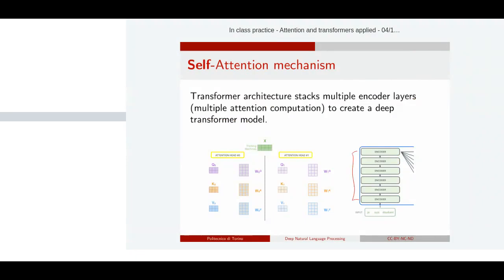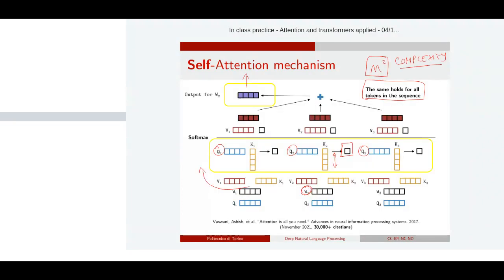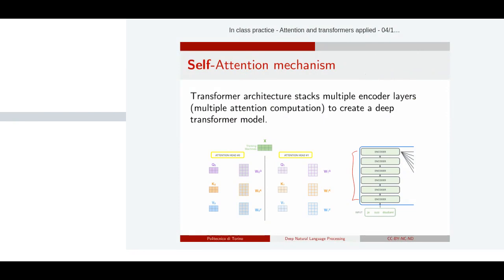multiple encoder layers. What I want to point out here just briefly is the fact that we don't actually have just the attention mechanism, but we have multi-head attention. It means that the same process I explained to you before is applied with multi-head.